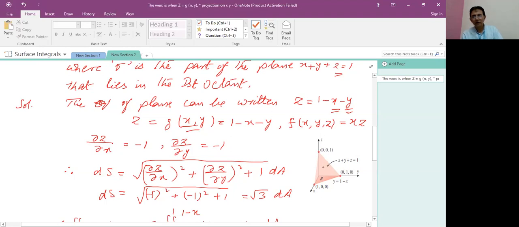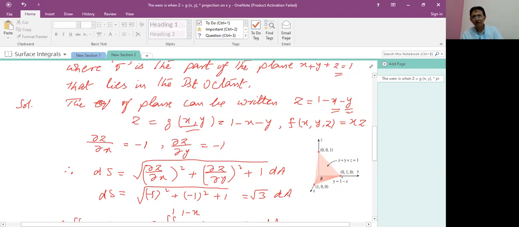Now student, this is called the first octant. When we consider the first octant, these are the values. On the z-axis, x and y are both absent, so the coordinate on the z-axis is 0, 0, 1.